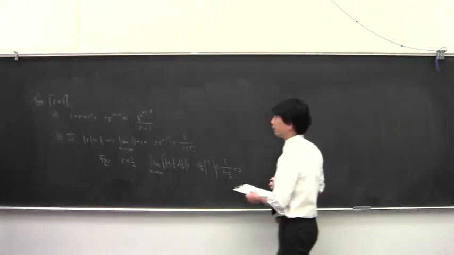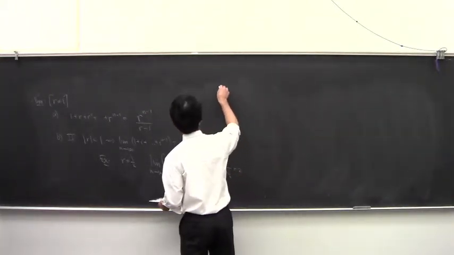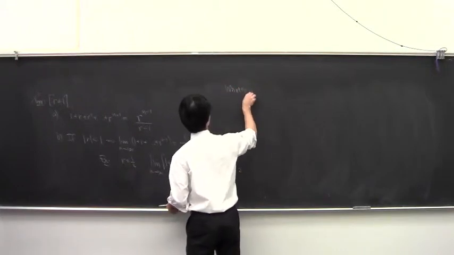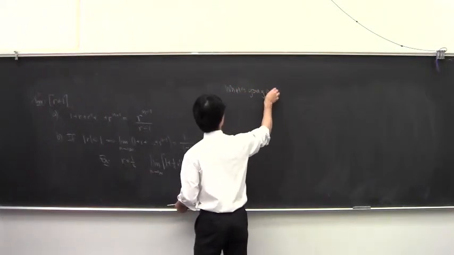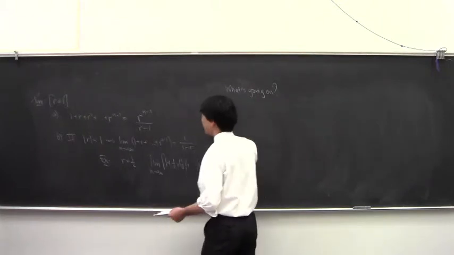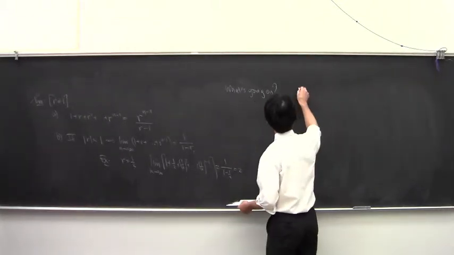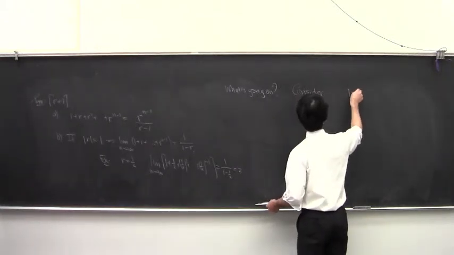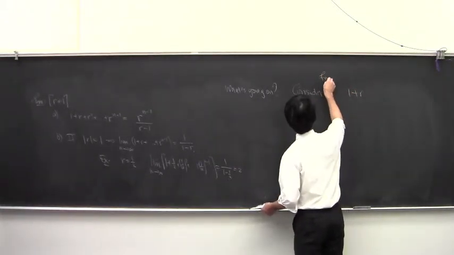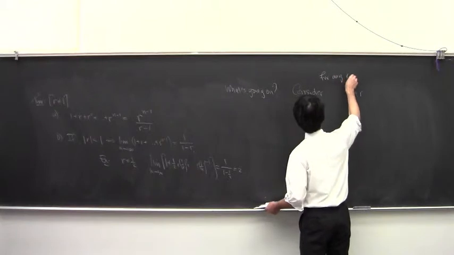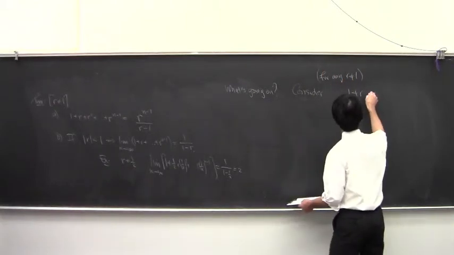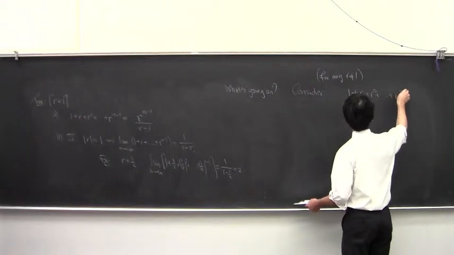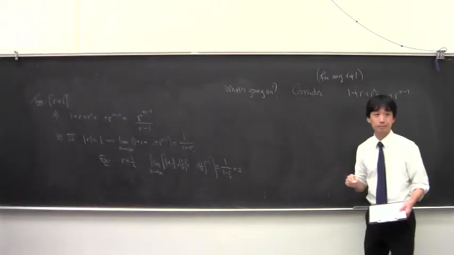Okay, so let's think about it. What's going on? Why does this happen? So let's consider 1 plus r plus r squared, up to r to the n minus 1.